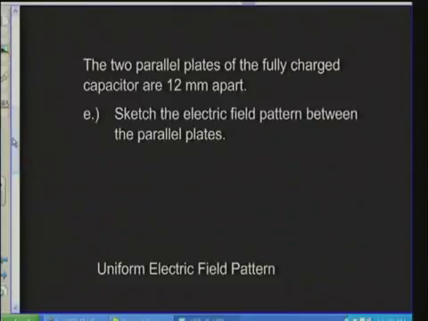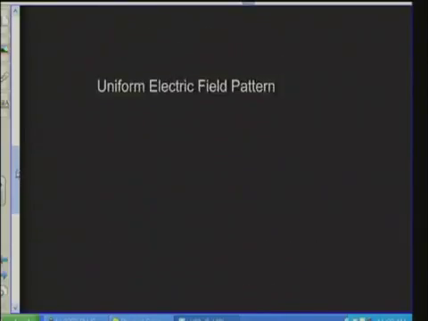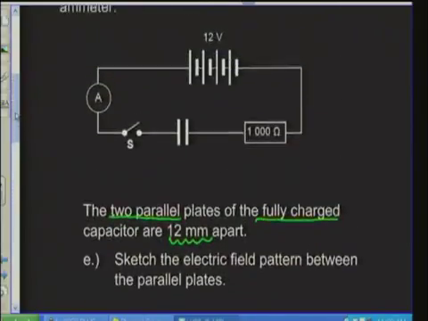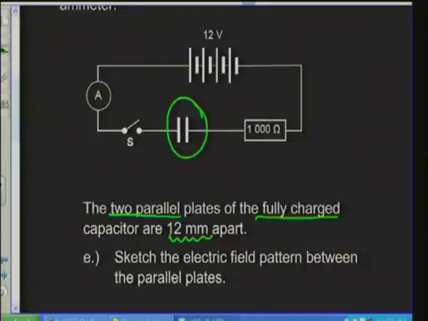Next, on the same question, it says the two parallel plates of the fully charged capacitor are 12 millimeters apart. Sketch the electric field pattern between the parallel plates. Now, you would see here I have something that says uniform field pattern. If I've got a capacitor, the plates are parallel, and what I will have here is a uniform electric field.